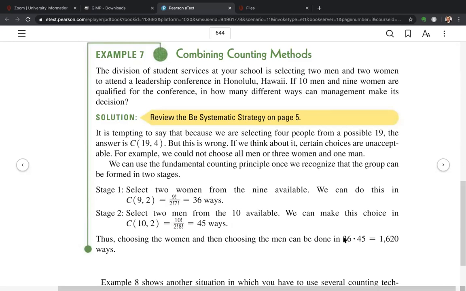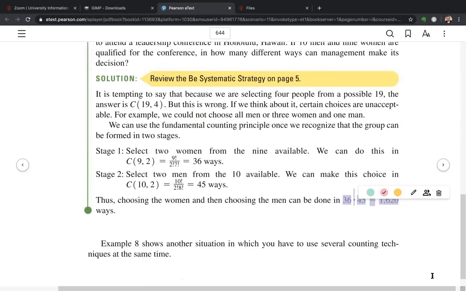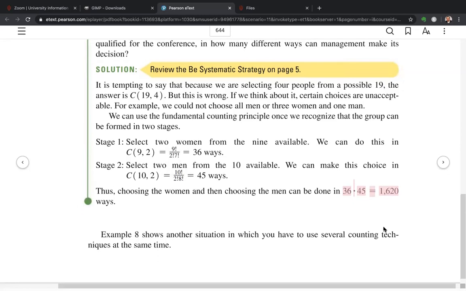Fundamental counting principle says that you would multiply those 2 numbers together, which we do at the bottom of the page. And we see that when we do that, we have 36 women times 45 men is 1,620 different ways that those two groups can be selected. Okay?